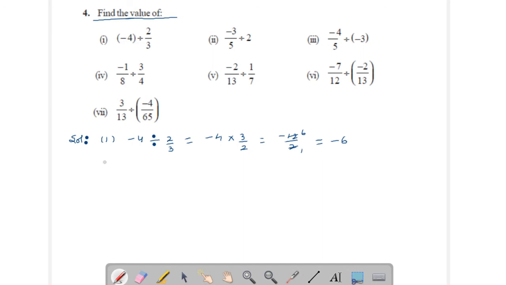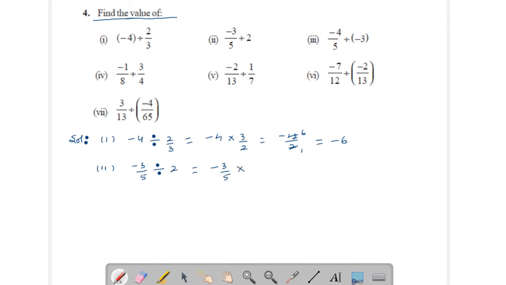Now come to second part. It is minus 3 upon 5 divided by 2.